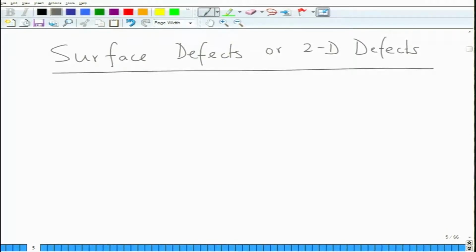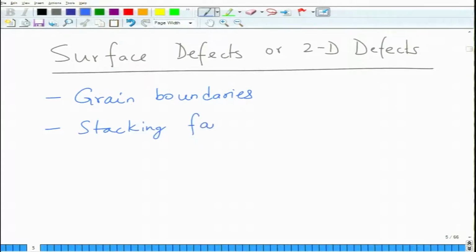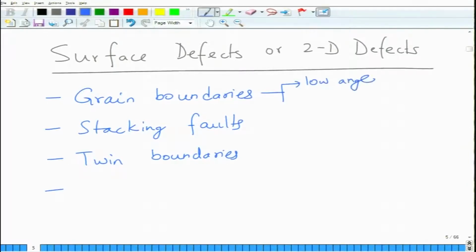For example, if I list them out, you can have grain boundaries, then you can have stacking faults, then you can have twin boundaries, and grain boundaries can be both low angle and high angle depending upon the angle of misorientation, and basically the free surfaces.